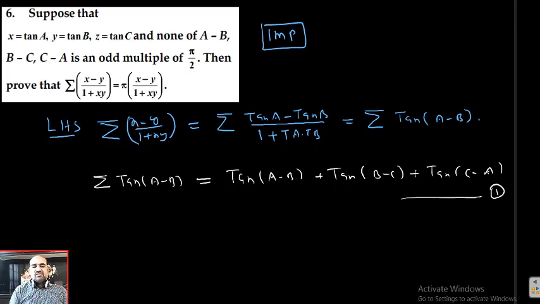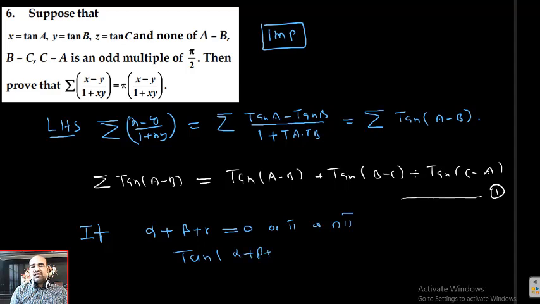I will write: if alpha plus beta plus gamma equal to 0 or pi, or more generally n pi, then what happened? Already proved, no? Tan of (alpha plus beta plus gamma) equals tan 0 or tan pi and so on. What is the meaning of that?